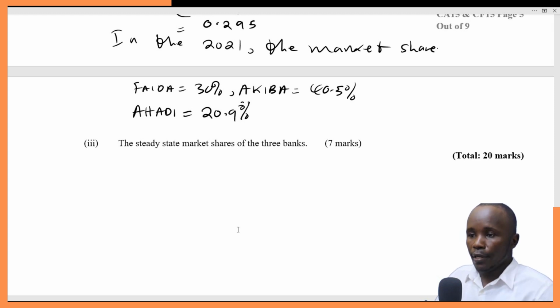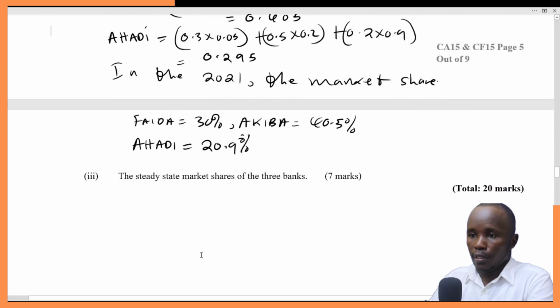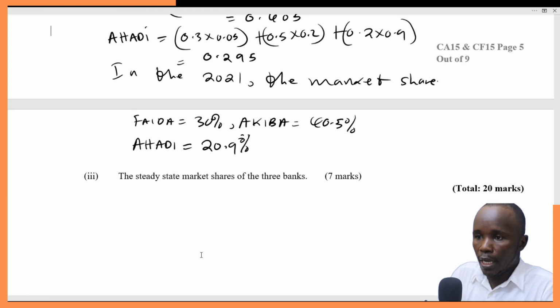Sorry, I've written here 20, this is 29.5. When you add all these, they should give you 100. You multiply 0.295 by 100, it should give you 29.5.